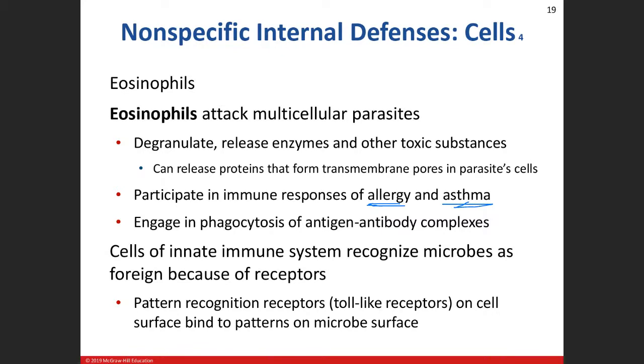And then also we'll see antigen-antibody complexes. We'll talk more about that, but that's when the antibodies, which are produced by the plasma cells, engage antigens and connect together. While they're floating around, if the eosinophil passing through sees an antigen-antibody complex, it just eats it up, takes care of it.